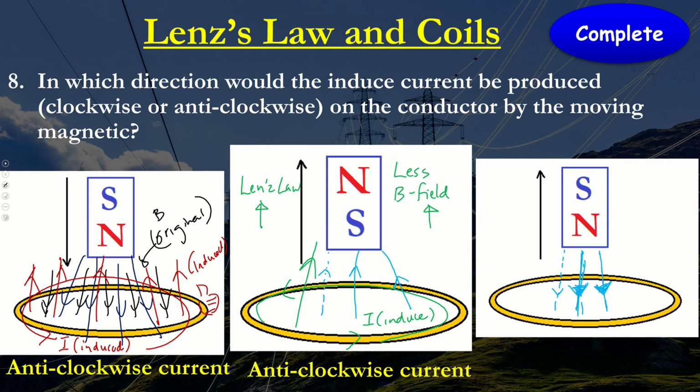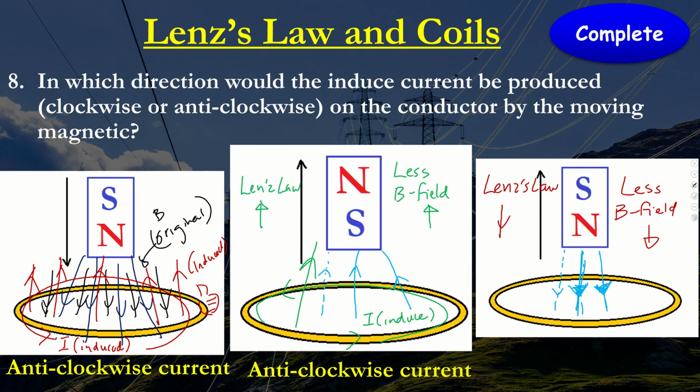Okay? So according to Lenz's law, I want to counteract this change. The change we have here is less B fields going down. So whatever induced current I'm going to produce will generate magnetic field lines to oppose the original change.